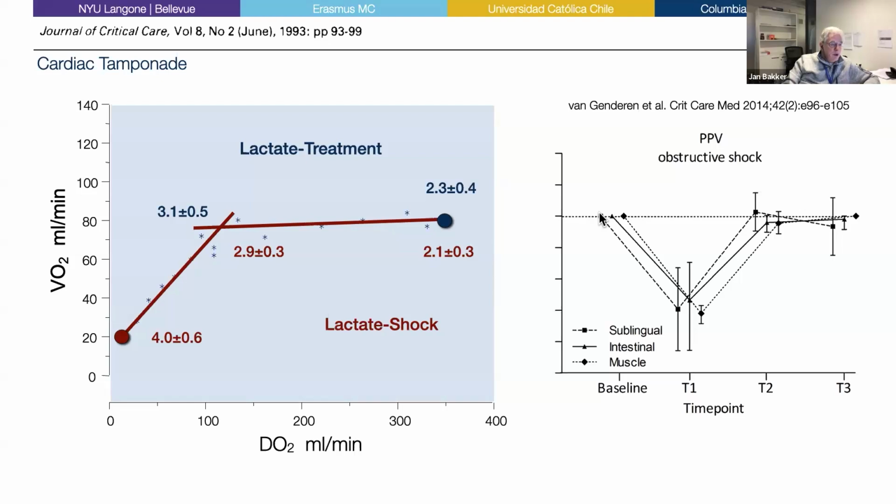And so with this study, we decreased cardiac output by infusing fluid into the pericardial space until the cardiac output was 50% of baseline. And you can see that you have a decrease in microcirculatory perfusion. If you remove the tamponade, the microcirculation returns to normal.